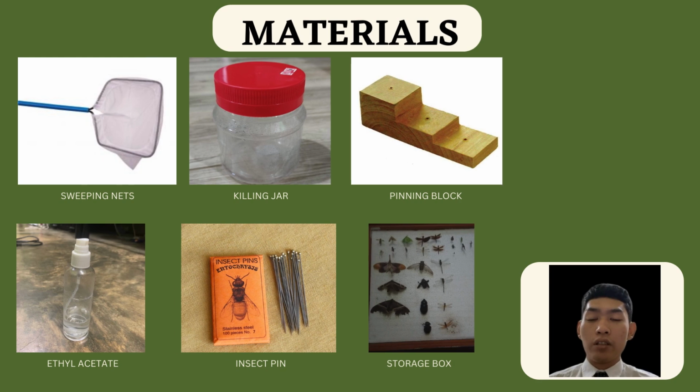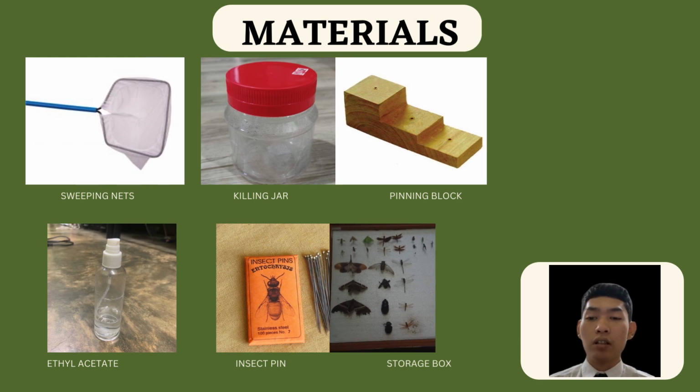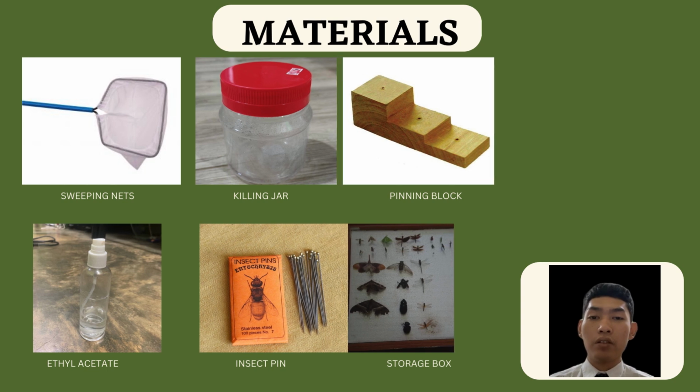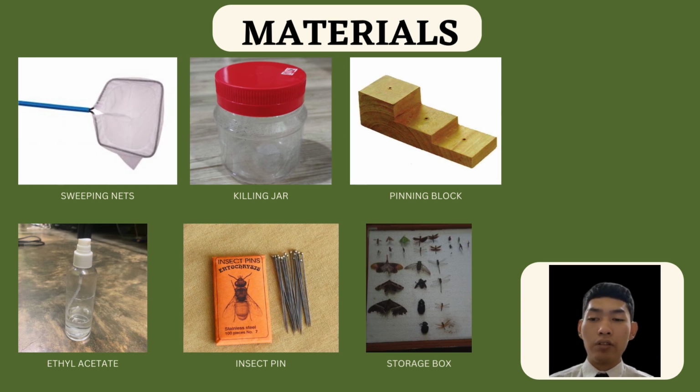In this laboratory, there are also a few materials that are used. The first material is the sweeping net, used to capture the insects. The second is the killing jar, used to kill the insects that have been captured.